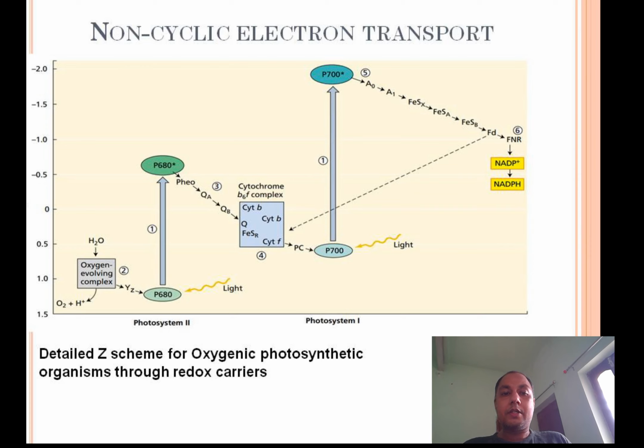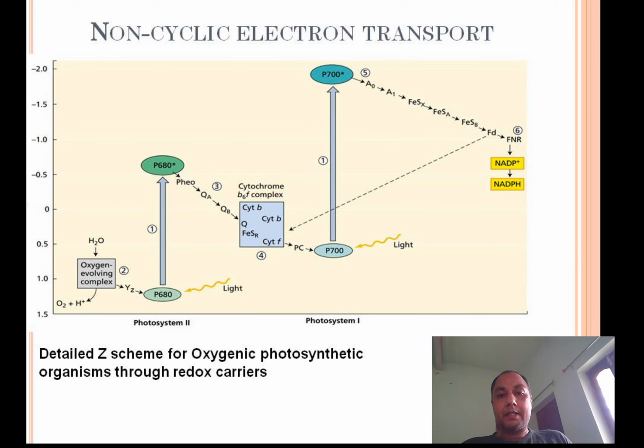So one electron, due to water oxidation, is funneled to protein D1 tyrosine, that is YZ, then to P680, so P680 is now saturated. Whatever electron was given to pheophytin is further channelized to quinone, plastoquinones and quinols, then finally to the cytochrome b6f complex, which has many iron-sulfur proteins.